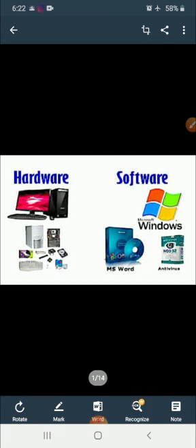A computer system can be considered as a combination of hardware and software, which process data to convert it into meaningful information. Hardware refers to all the physical components of a computer system. It includes all input devices, processing devices, storage devices, and output devices.